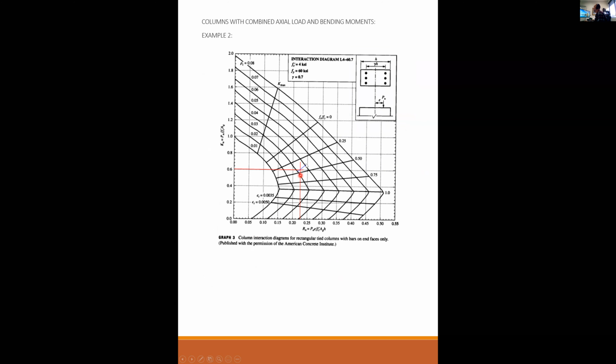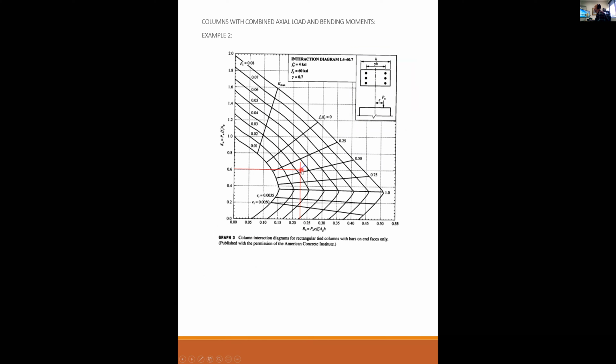So here's how I got 0.034. There's my 0.6. There's my 0.225. I drew a line that's roughly perpendicular to the contours, and I eyeballed it. So this contour is 0.03. This contour is 0.04.